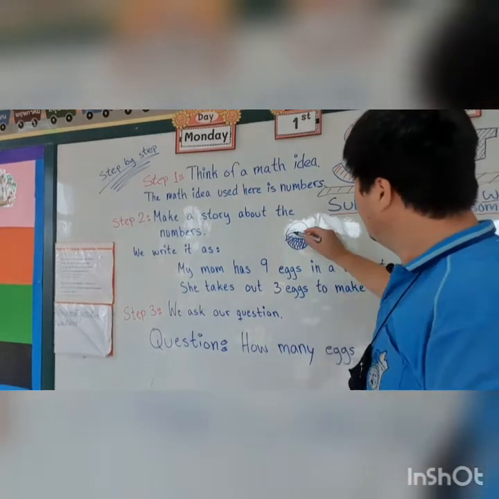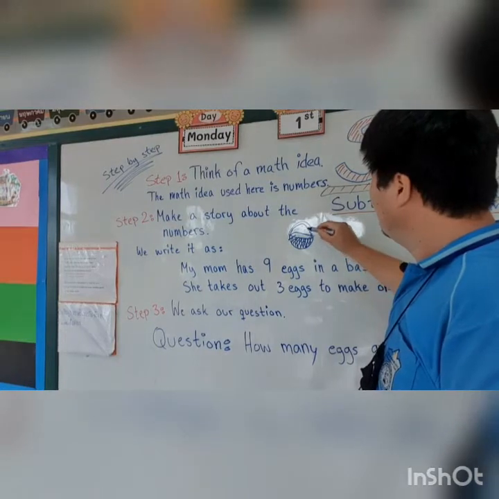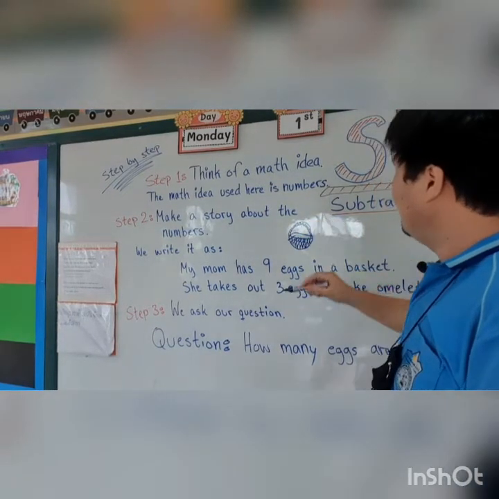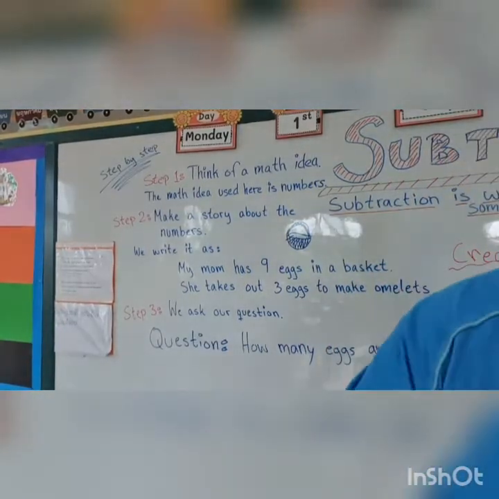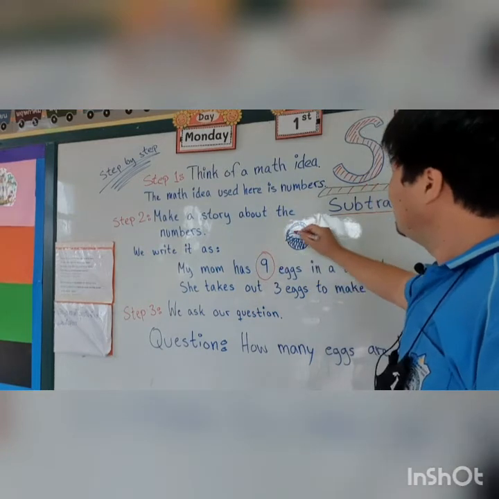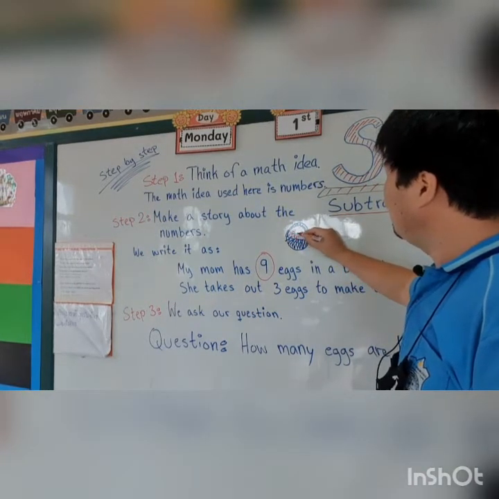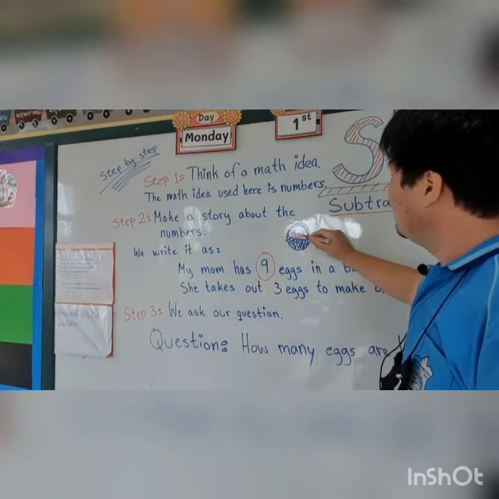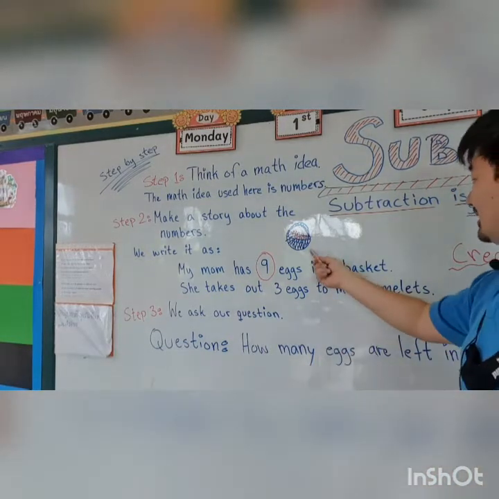Okay, that's her basket. And then she has 9 eggs. Let's make 9 eggs. So 1, 2, 3, 4, 5, 6, 7, 8, 9. She has 9 eggs in the basket.